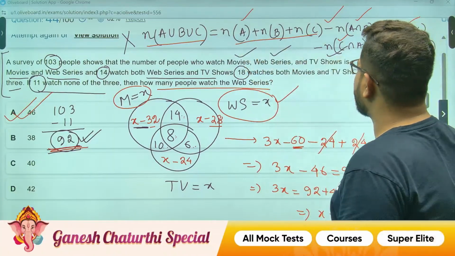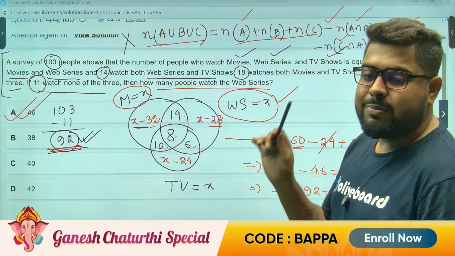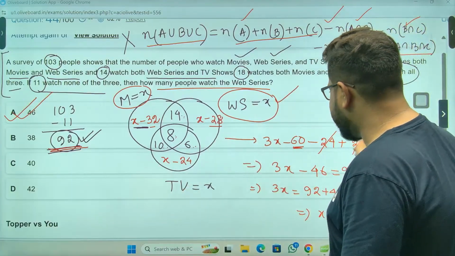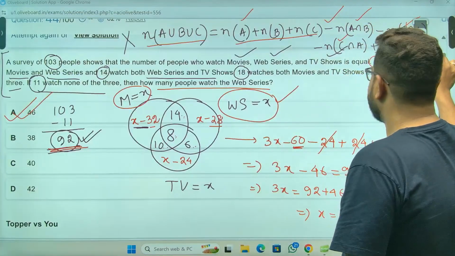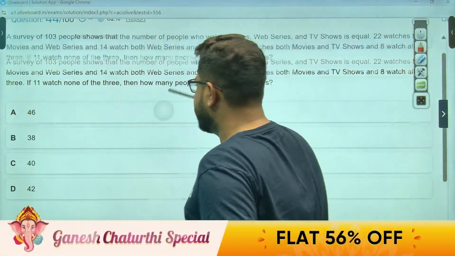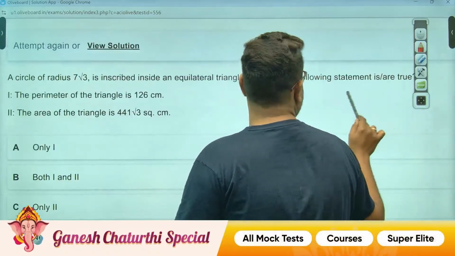You just plug in the values and you'll get the answer directly. But I will suggest it is better to go conceptually, understand rather than just remember. Perfect, sir. So option A is the answer in this question. Chalo, next one, sir.